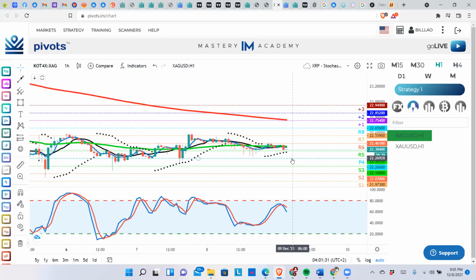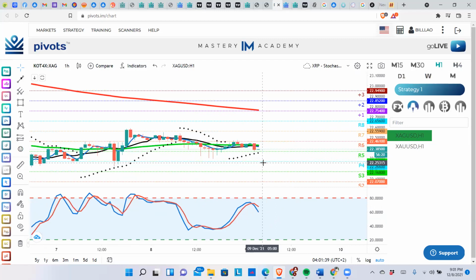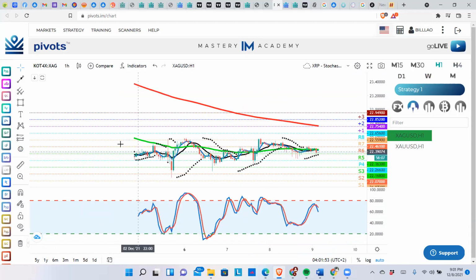The chances of us going below P4 are very slim. So 2226. I would actually be comfortable with 2226 than 21, because this is where P4 is on the 1 hour, right?